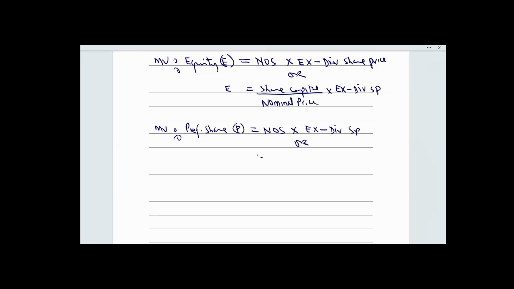Or you can say value of preference share equals share capital, when you are not given number of shares, over the nominal value, nominal price, multiplied by XDIV share price.